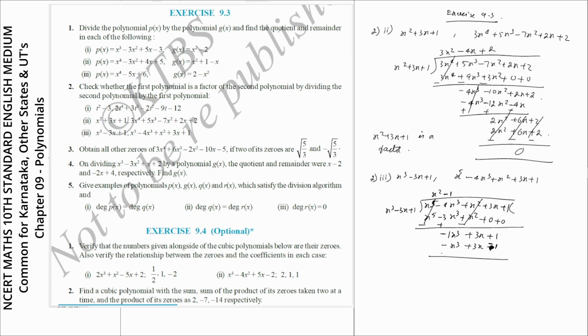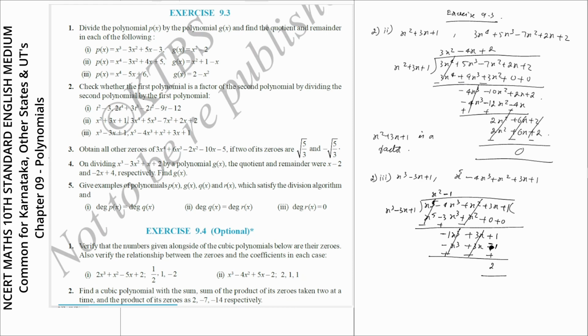So now change the sign. I should change sign everywhere. At one place I'll change sign and another place I won't change, that's not possible. So minus x cube plus x cube will get cancelled. Plus 3x minus 3x will get cancelled. But here 1 plus 1 I'll get 2.